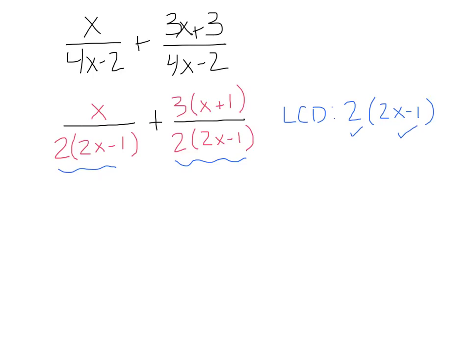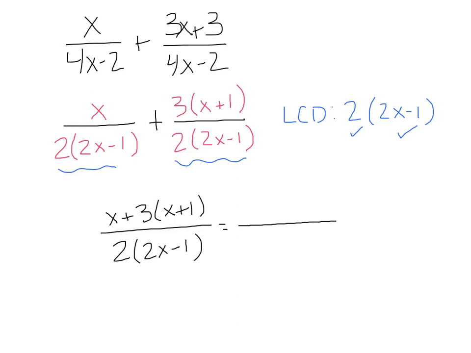I know that when I simplify this, my simplified fraction is going to have the denominator 2 times 2x minus 1. In my numerator, I can go ahead and add those. I'm going to have x plus 3 times x plus 1. Now we can simplify a little bit by distributing. We know we're still going to have 2 times 2x minus 1. And in the numerator, I can distribute the 3.